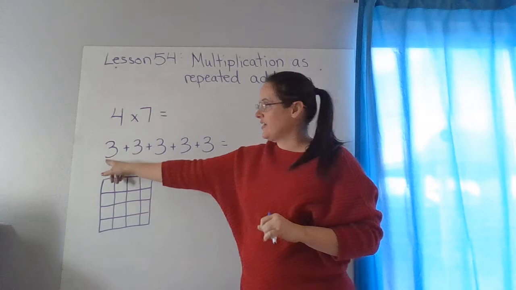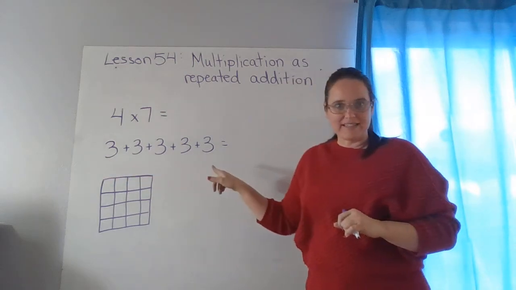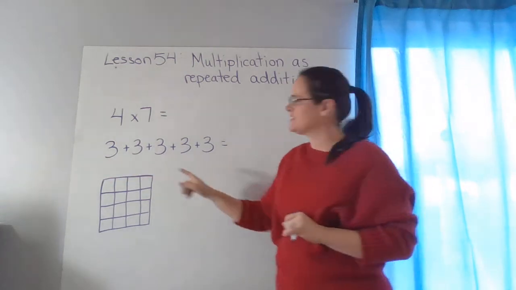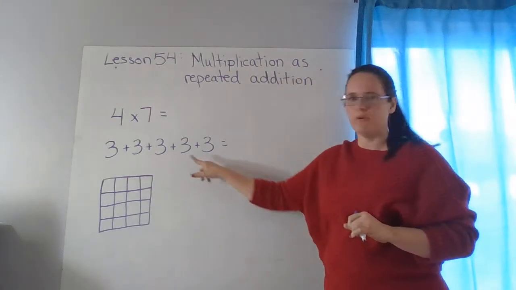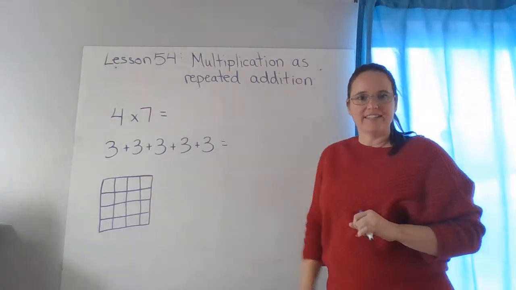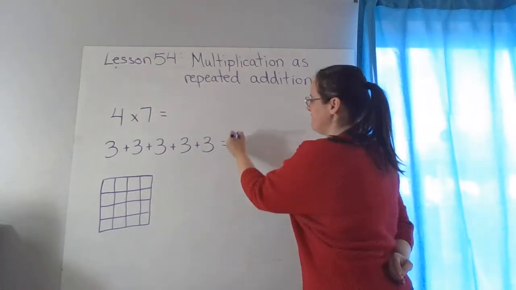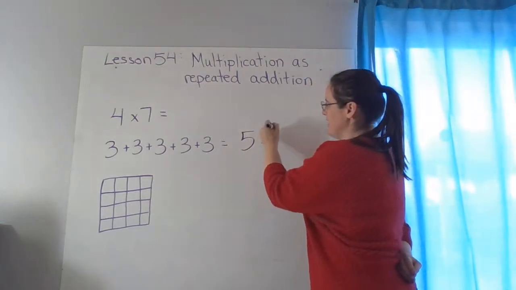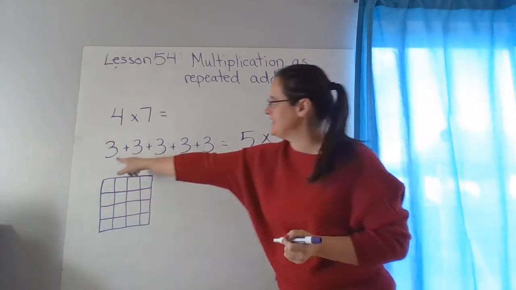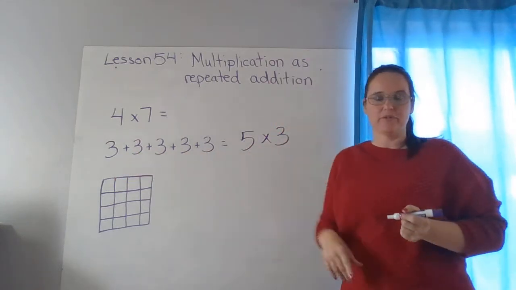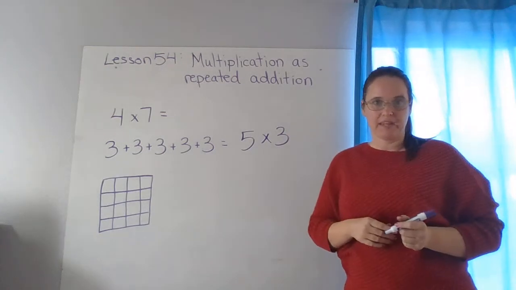I'm looking at this going, oh, these are all 3s. So how many 3s do I have here? I have 1, 2, 3, 4, 5. I could say, hey, I have 5 groups of 3. And 5 times 3 is going to give me the same answer as adding those 3s over and over again.